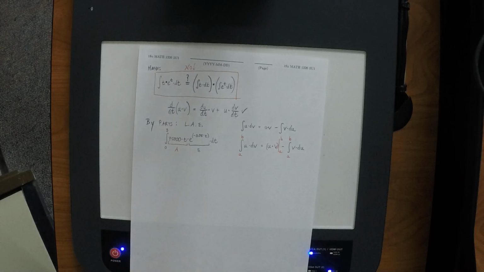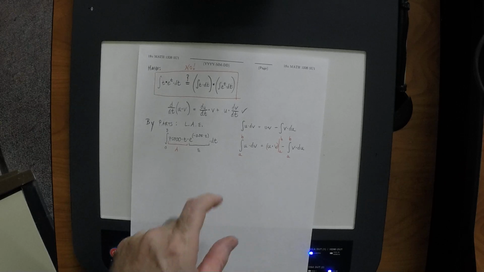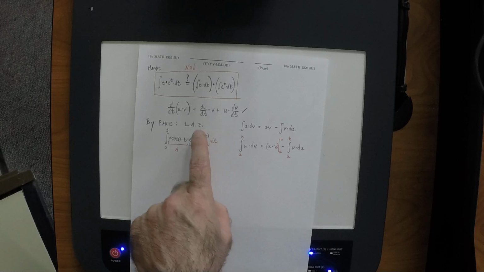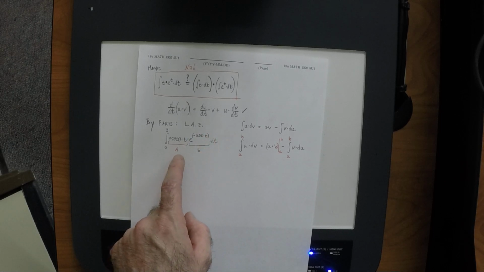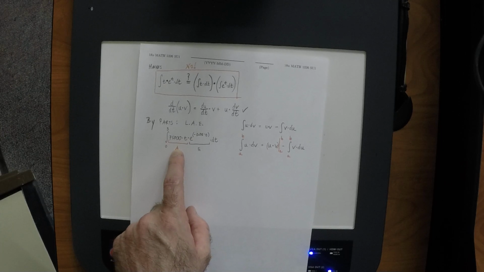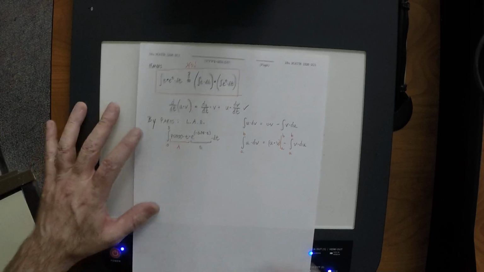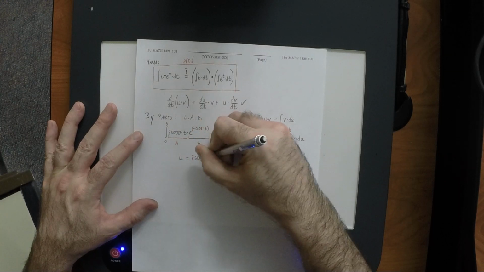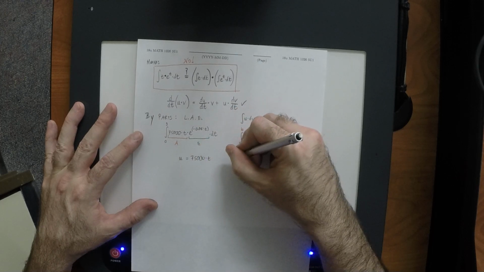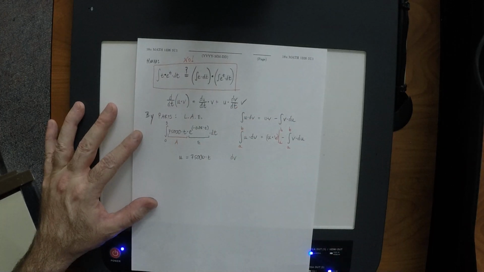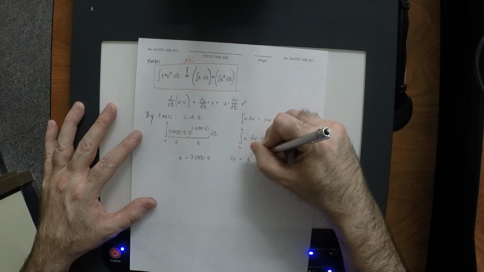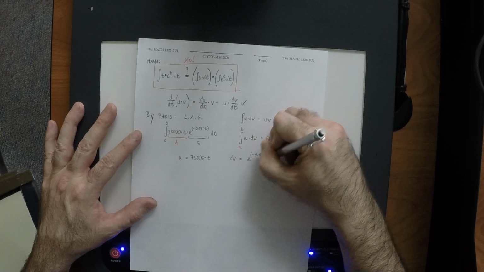Exponential, right? So then in the by parts heuristic, you label all the bits, and you choose whichever one comes first in LAE, which is A in this case. So A is going to be what? u. So u is 75,000 t, and then dv is always automatically what? Everything else. So exponential negative 0.08 t dt.